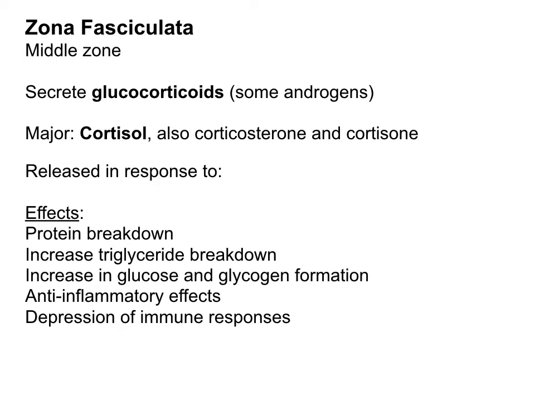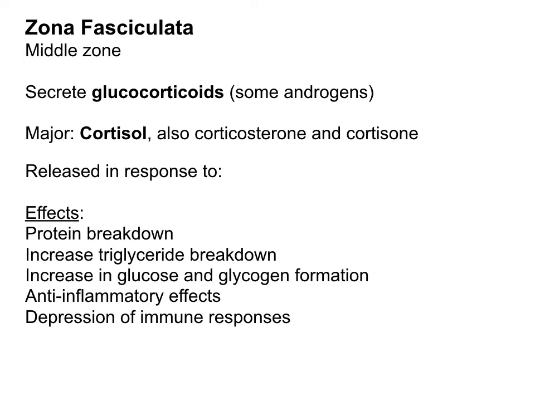It also is going to target your adipose tissue and tell your adipose tissue to increase triglyceride breakdown. So it's going to break your triglycerides down into fatty acids and glycerol, and then these components are going to be put into the blood as well. So this effect is going to increase, in particular, fatty acid levels in the blood.